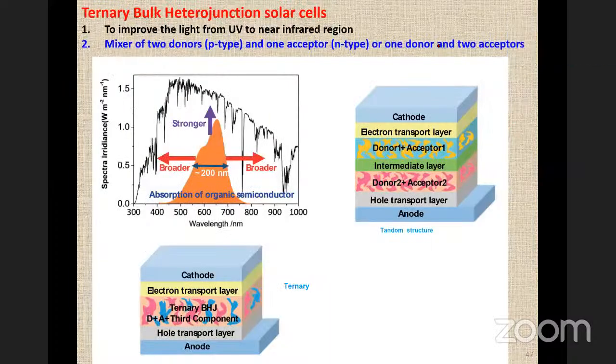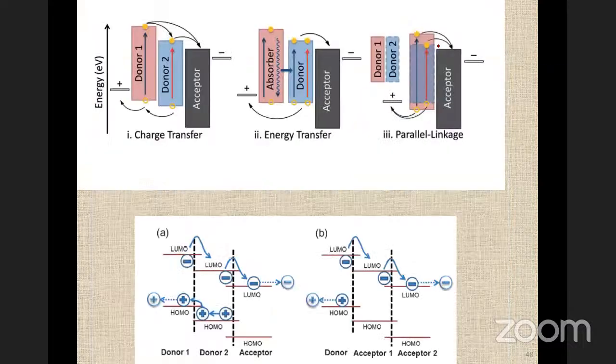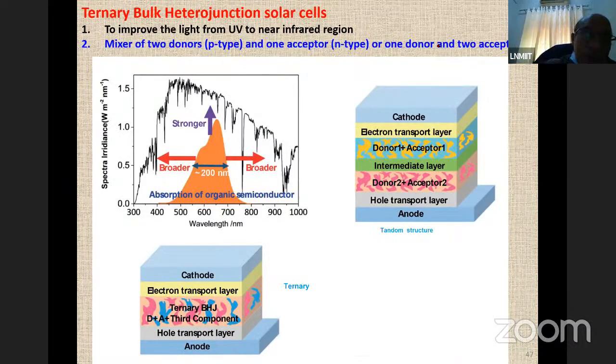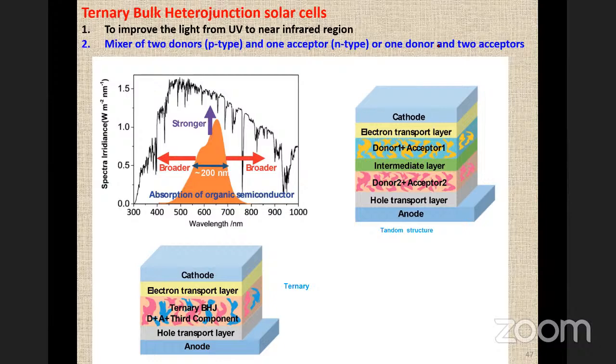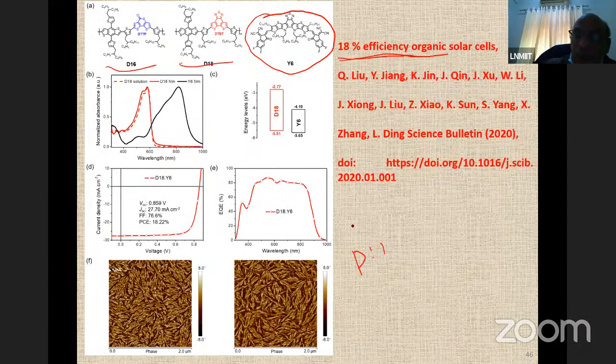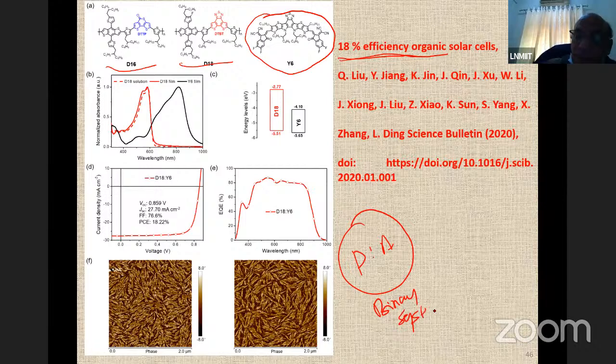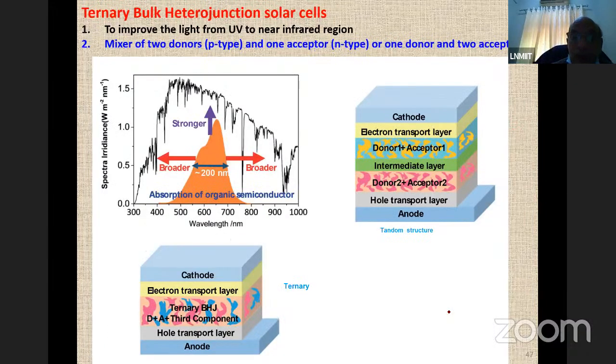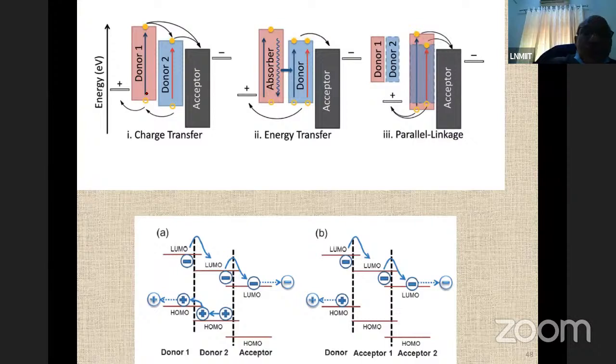Now, there are some limitations. What I have discussed only up to now is DA, which is called a binary system. If you want to increase the absorption profile, we can use one donor, two donors: one donor here, two donors here, one acceptor.